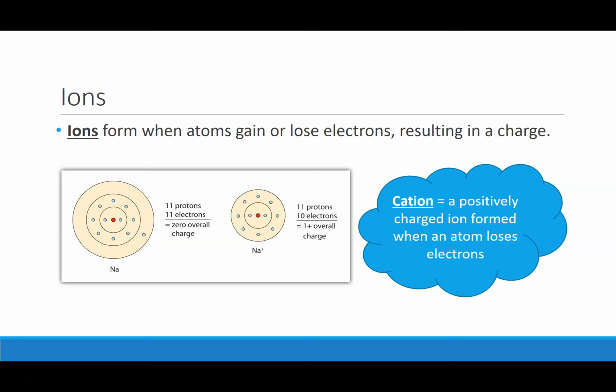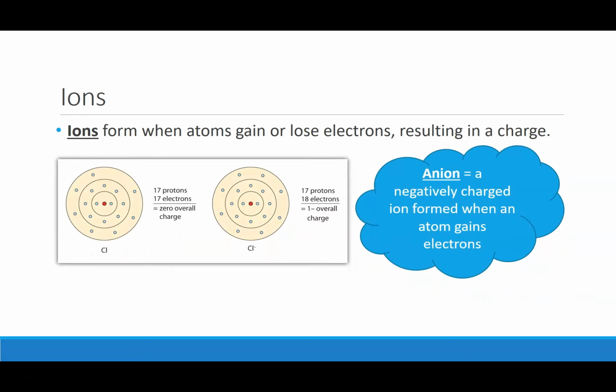For example, a sodium ion is formed when the neutral sodium atom loses one electron, forming a positive 1 charge. An anion is a negatively charged ion that is formed when an atom gains electrons. For example, a chloride ion is formed when the neutral chlorine atom gains 1 electron, forming a negative 1 charge.